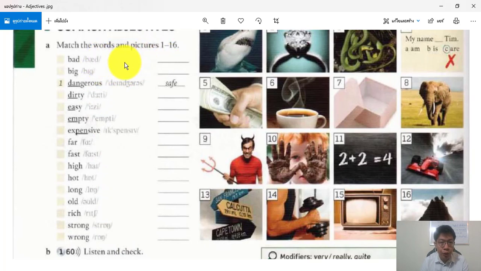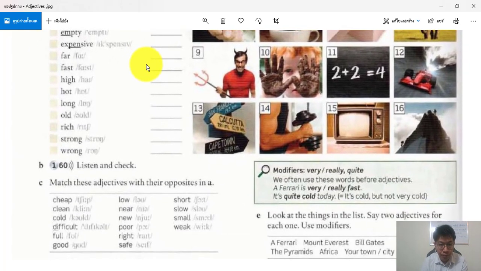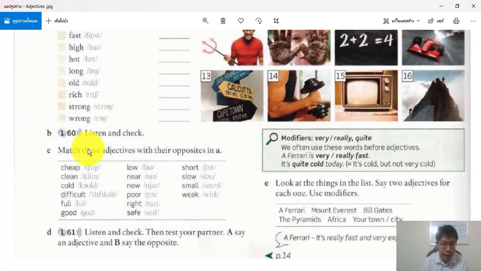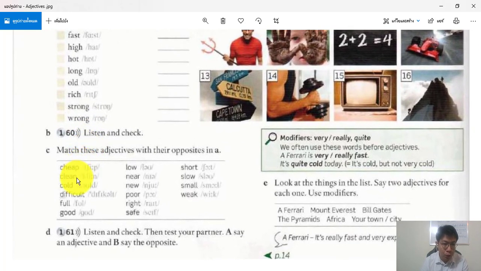So what you have to do is write the opposite. So bad is the opposite of what kind of adjective? You can select the adjective below here. Here we have another set of adjectives: cheap, clean, cold, difficult, full, good, low, near, new, poor, right, safe, short, slow, small, weak.